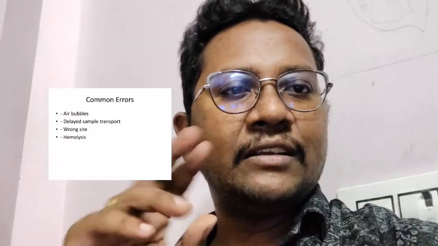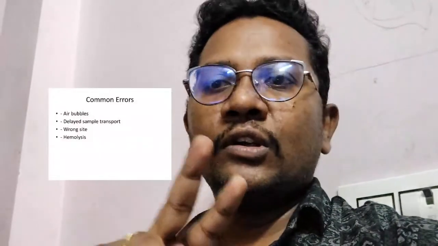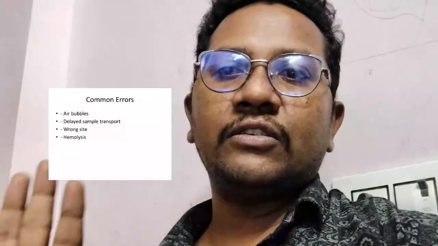Because a few persons have superficial veins at the radial junction, so if anyone punctures there, the blood will be mixed. So avoid the wrong puncture technique and prevent hemolysis with smooth handling. Okay, these are the common errors that arise during the procedure.